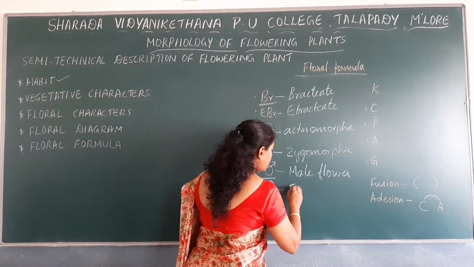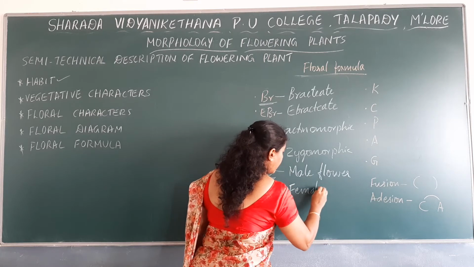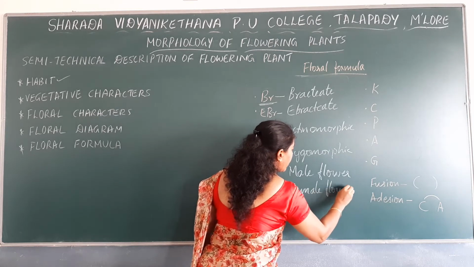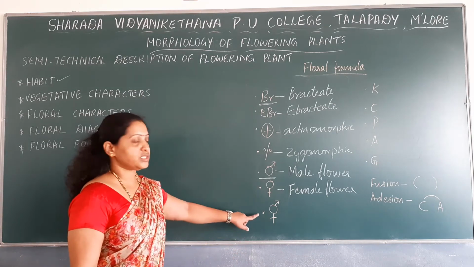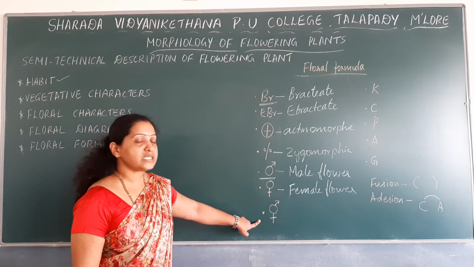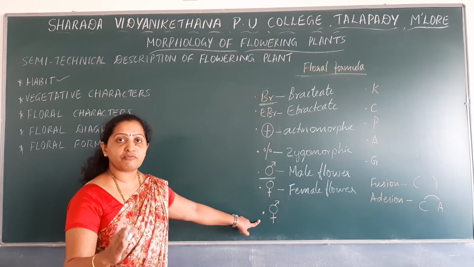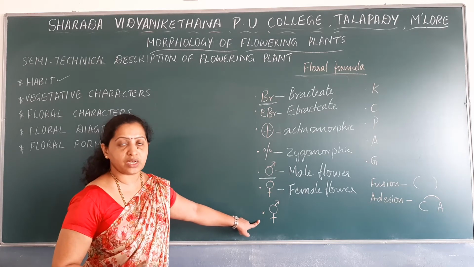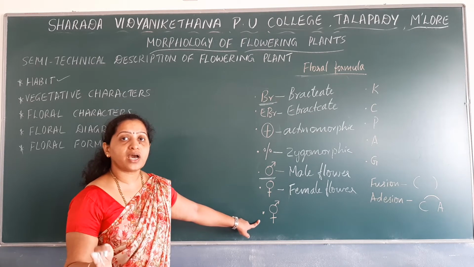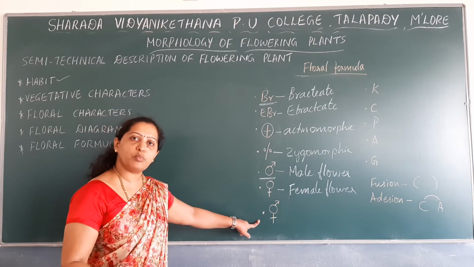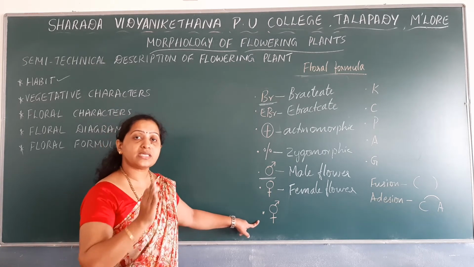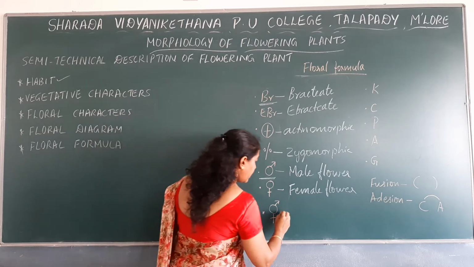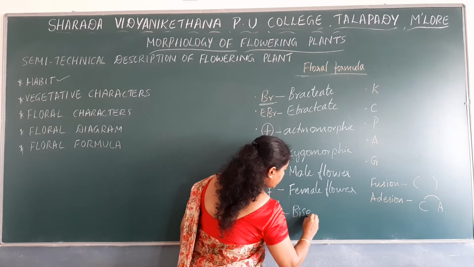Female flowers have only gynoecium or carpels and do not have androecium. Next, this symbol is used to represent a bisexual flower. A bisexual flower has both androecium and gynoecium, both stamens as well as carpels.